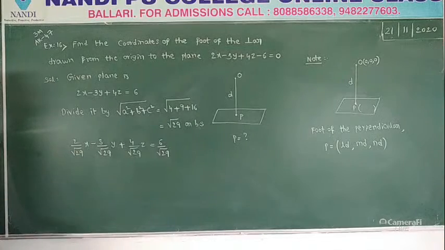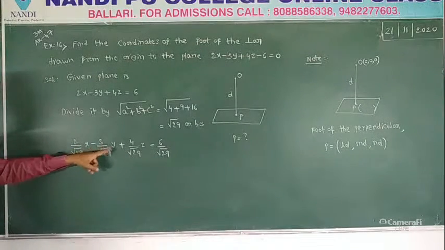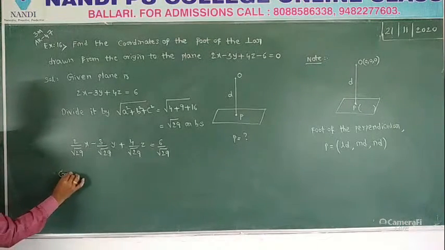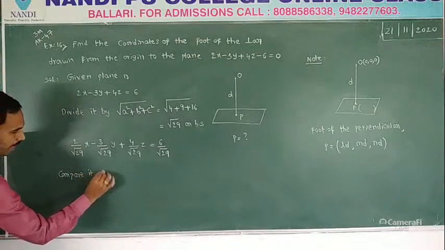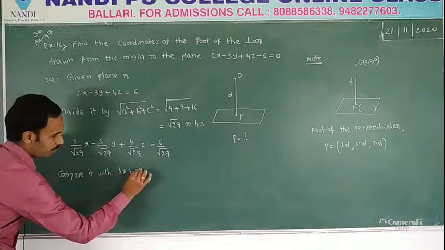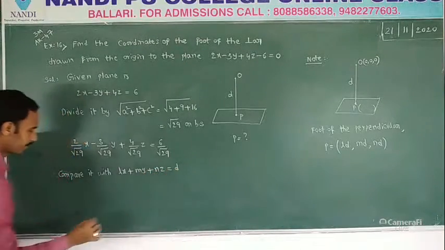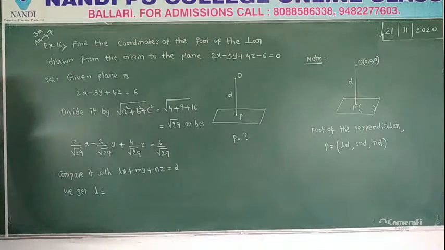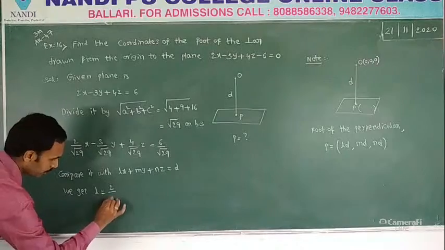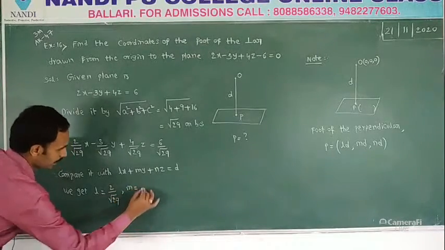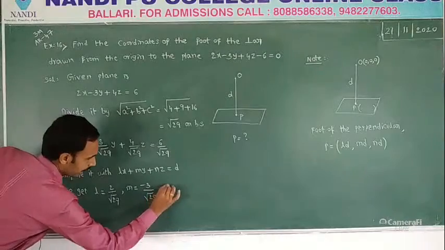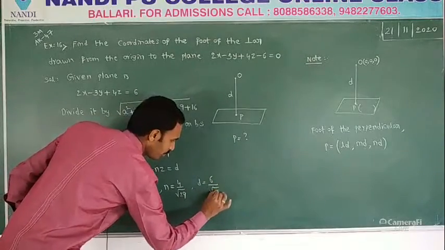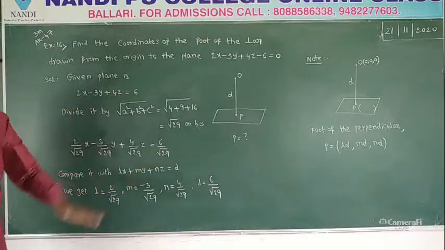It is in the form Lx plus My plus Nz equal to D. Comparing, we get L is 2 by root 29, m is minus 3 by root 29, n is 4 by root 29, d is 6 by root 29. These are the L, m, n, d values.